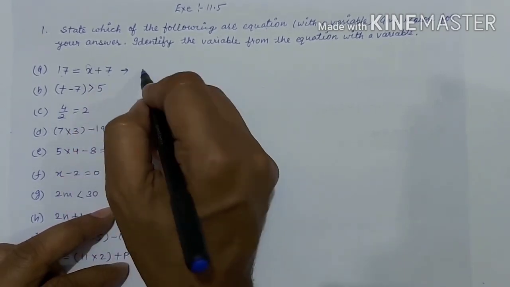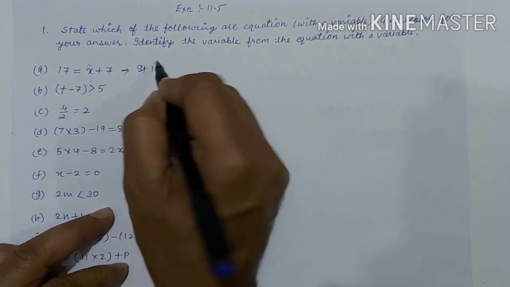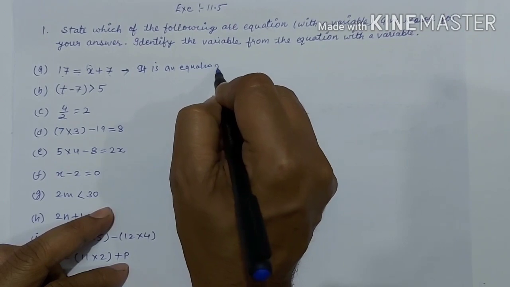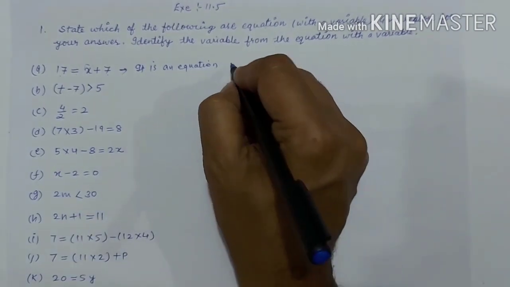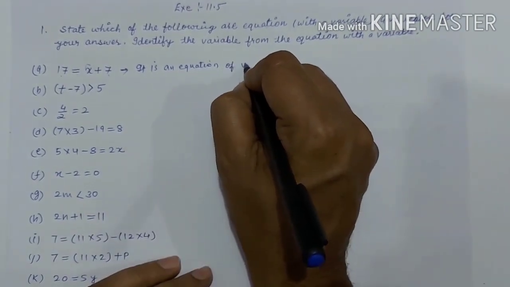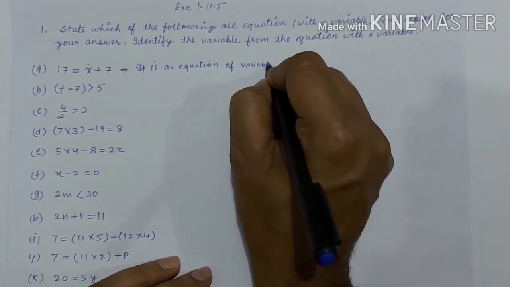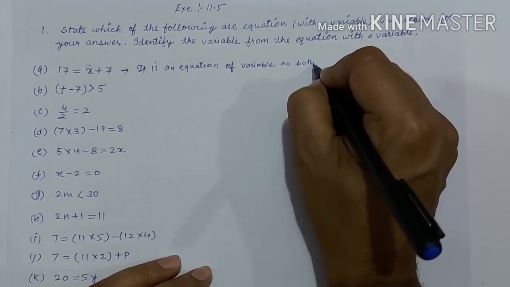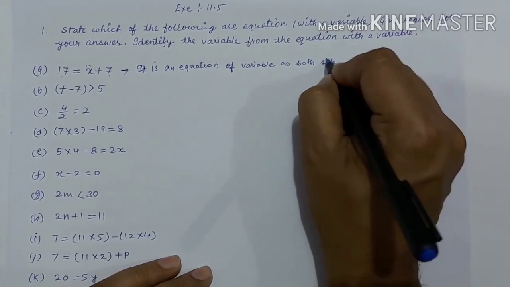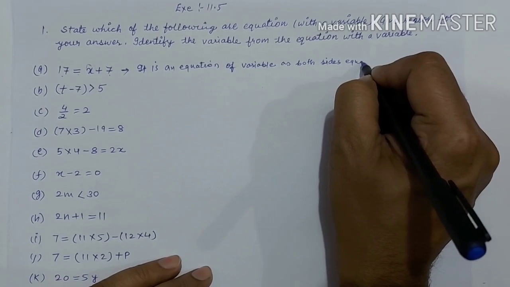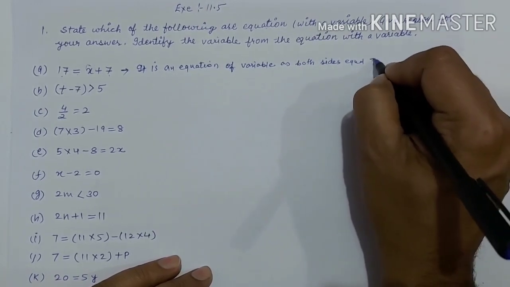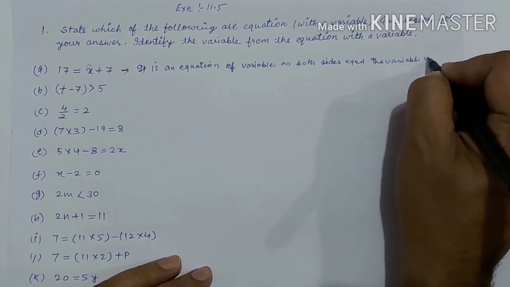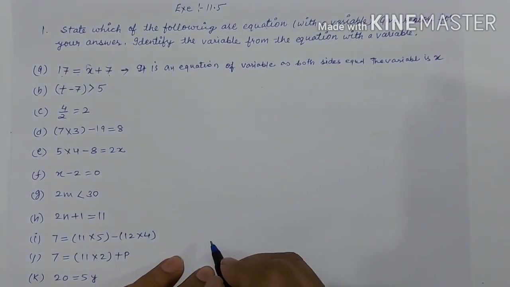They write that it is an equation with a variable, as both sides are equal, and the variable is x.